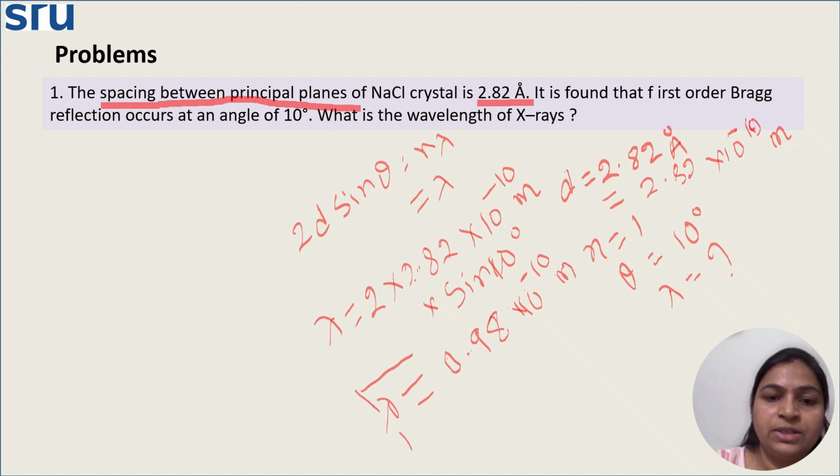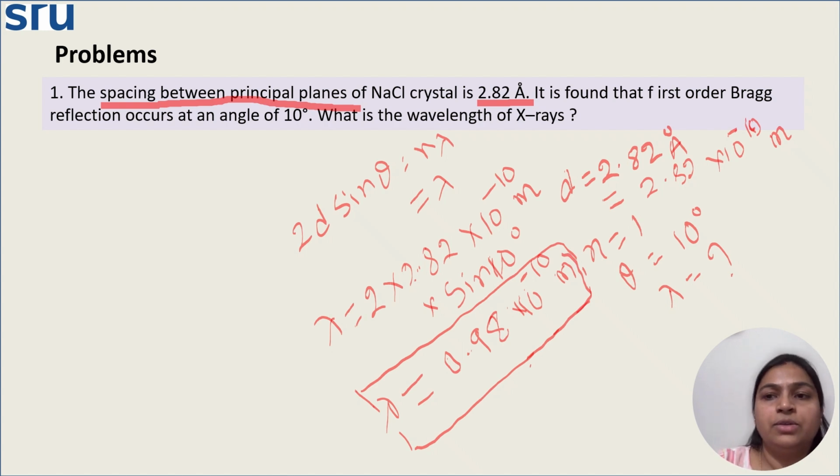So this is our answer. This is a very easy way of solving the problem.